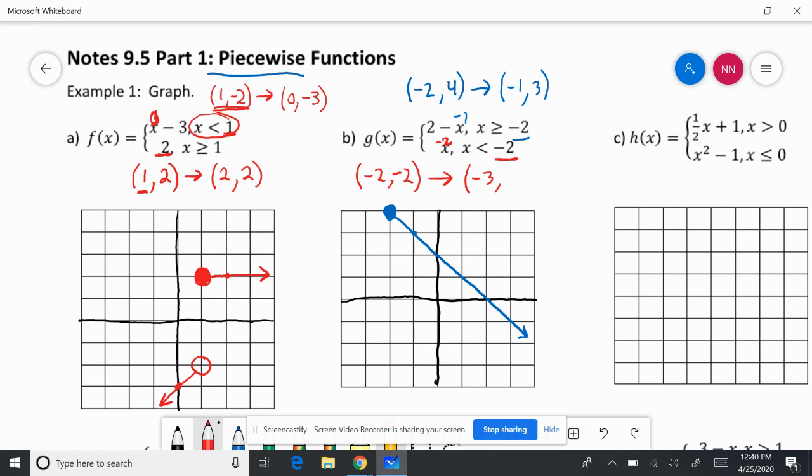When I plug in the negative 3, it becomes negative 3. So I'm starting at (negative 2, negative 2). Notice it's an open circle. Then I'm going to go to (negative 3, negative 3), and since it's a linear equation, I draw a straight line in that direction.